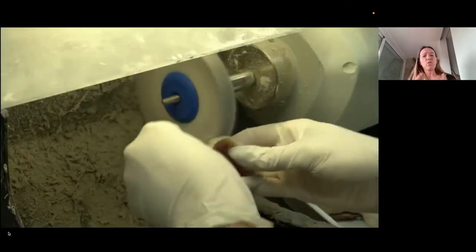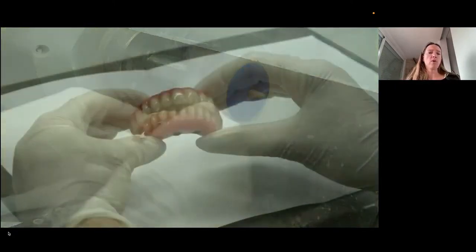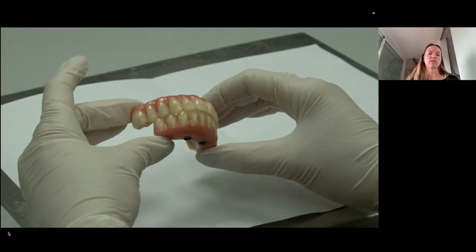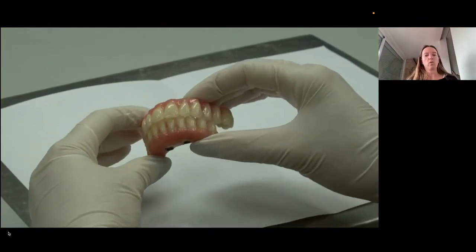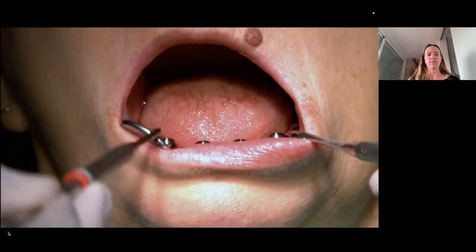And we avoid cantilever. If the prosthesis comes out in the area of the second premolar, we will deliver a prosthesis, as you can see here in the lower arch, with just 10 teeth. If it comes out in the area of the first molar, as you can see in the upper one, we can deliver a provisional prosthesis with 12 teeth.